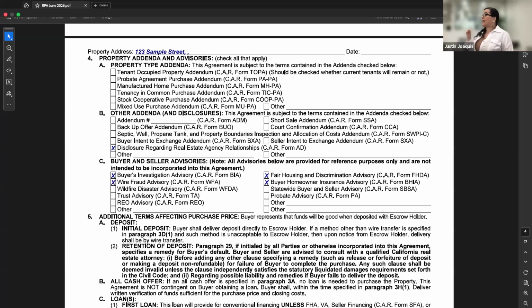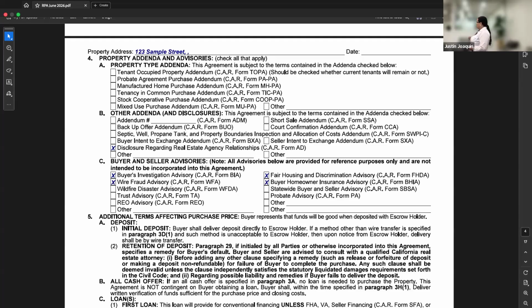And then A2, retention of deposit. Now this is very important. Anything that is in bold, we always want to pay extra attention to. Retention of deposit comes up a lot when we come across counter offers or addendums.